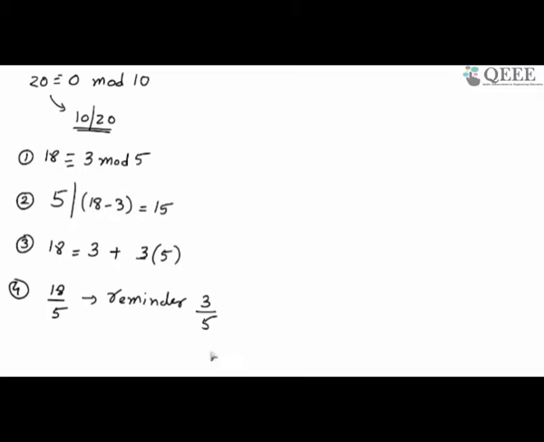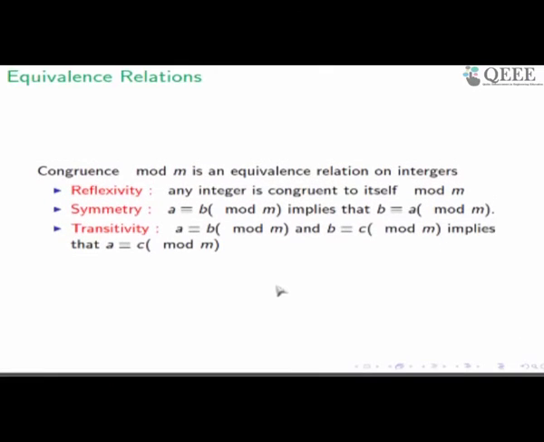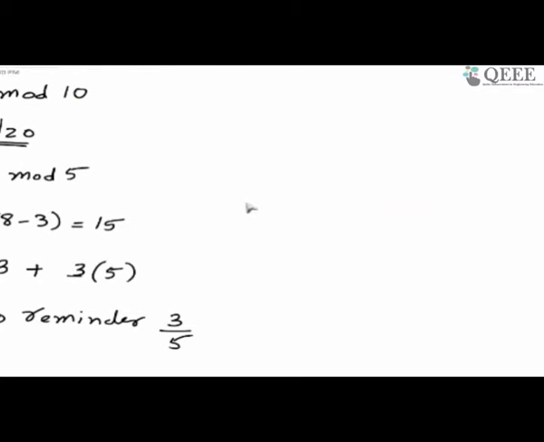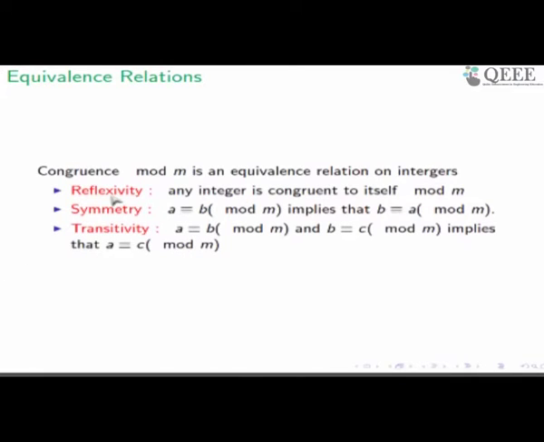So these are four equivalent statements, and if you state any of these things, then the others are quite evident. So the others follow from that. Another thing to note is that these congruence operations, the ones over here, they form an equivalence relationship.